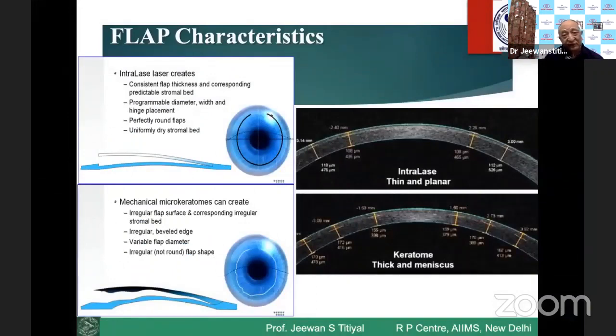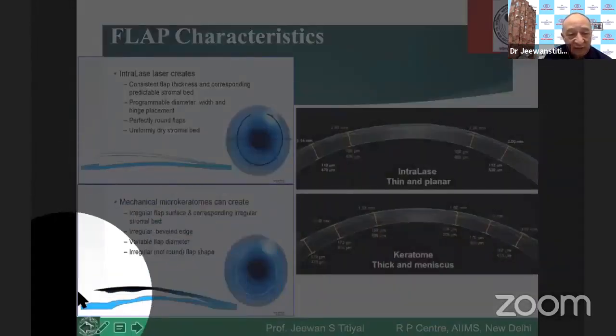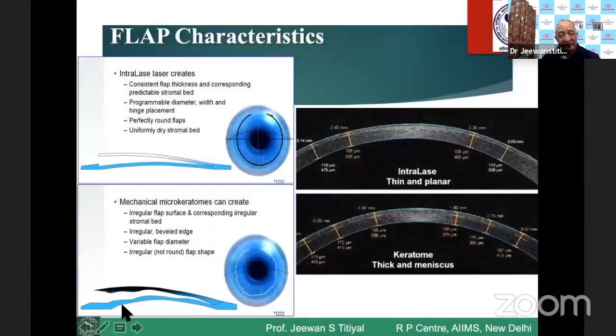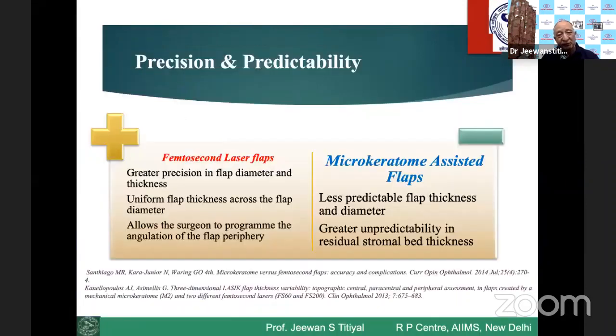Therefore, the induction of higher order aberrations after flap making is minimal with femtosecond laser, which may not be true in a microkeratome flap, which is thinner and more irregular, like a meniscus type of flap in these cases, where you can have induction of higher order aberrations. So that's a clear advantage of femtosecond use to make a flap. And the ablation profile is similar in both.